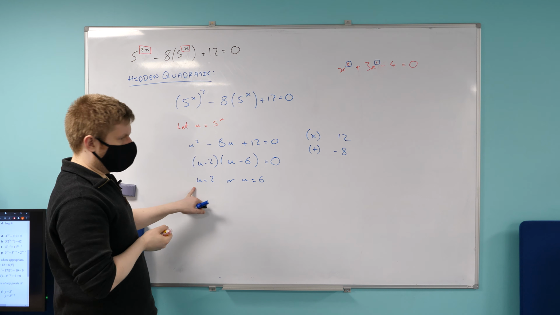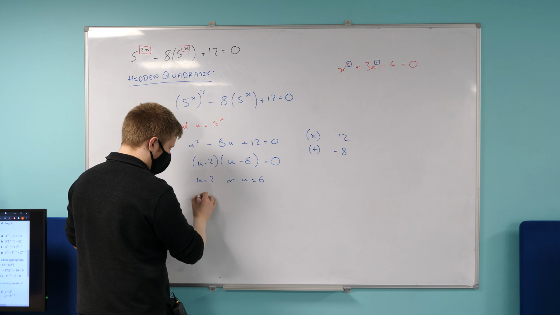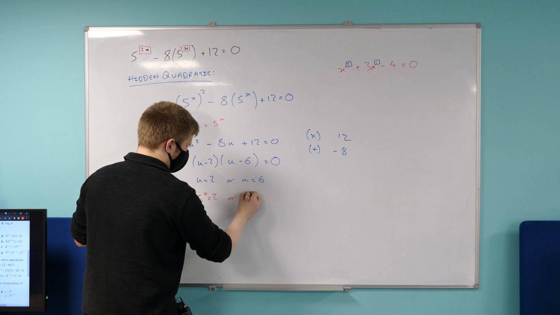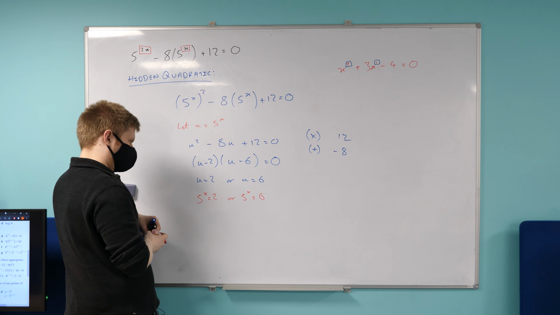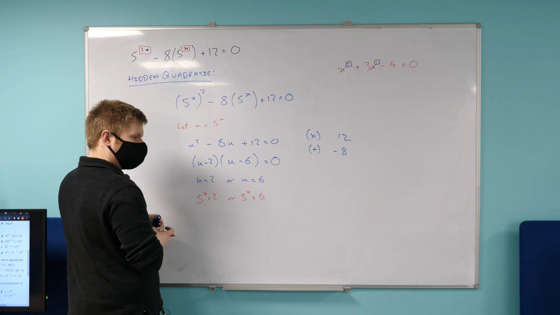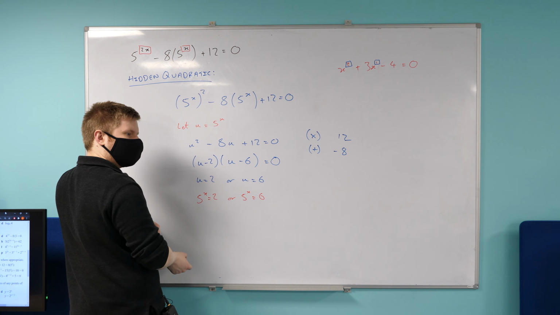Now obviously I don't want u. I said u is 5 to the power of x, so I'll make my substitution back now. So 5 to the power of x equals 2, or 5 to the power of x equals 6. Okay, so how am I going to find x from this first one, 5 to the power of x equals 2?